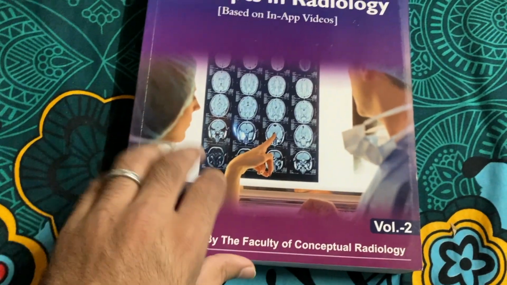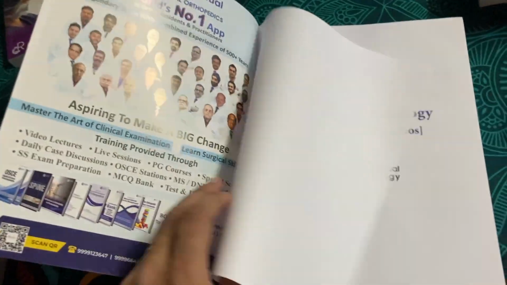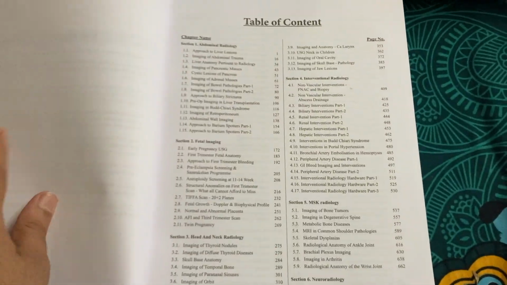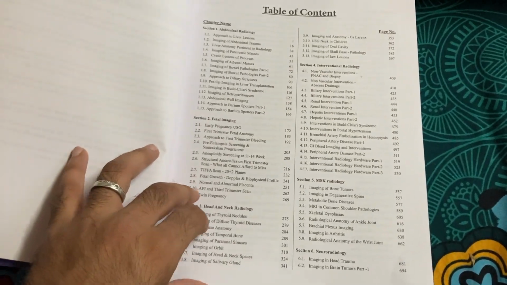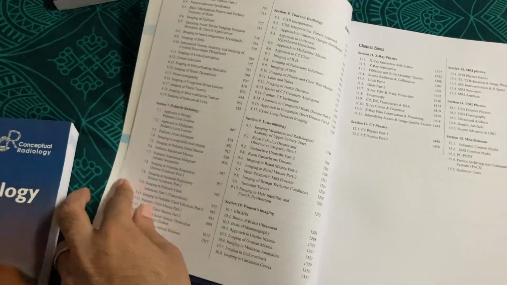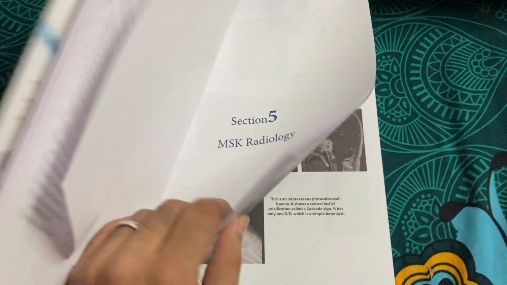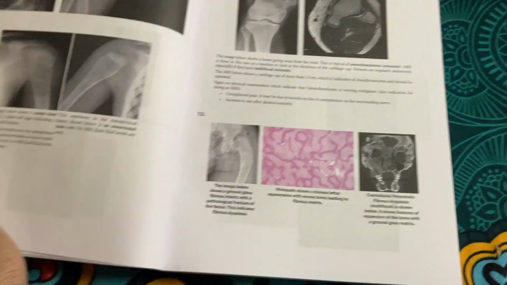Here is volume 2. What I have noticed is that the table of contents is the same for all the 3 volumes. Volume 2 starts from section 5, which is MSK.